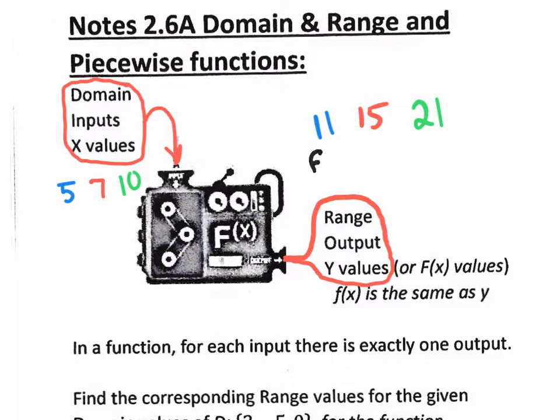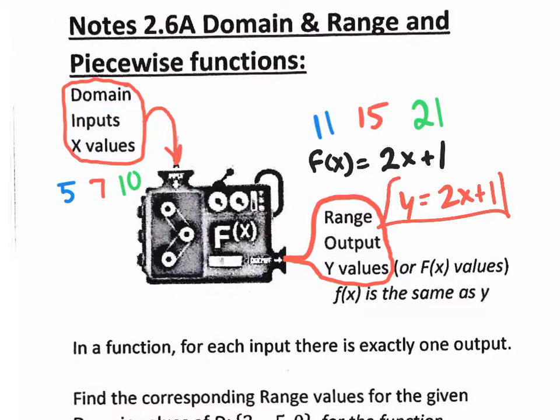You could write it as f of x equals doubling the x and then adding 1 to it. Or you don't have to put f of x, you could use y. Okay, y equals 2x plus 1. That's the function that, given these inputs, produces these outputs.